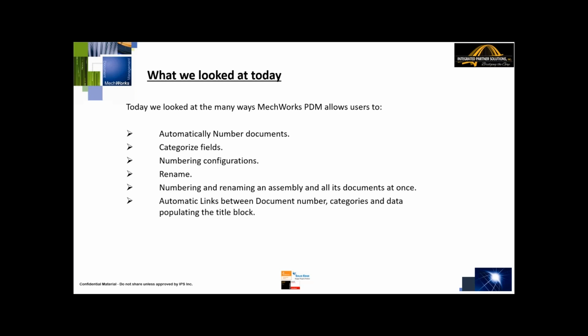We looked at the automatic links between a document and its categories and populating the title block of the automatically linked drawing to its part or to its assembly. We looked at how you create new configurations, how you number them, how you can have some configurations registered in the database and some of them are just there, not registered, but they're available to the users to see that information.